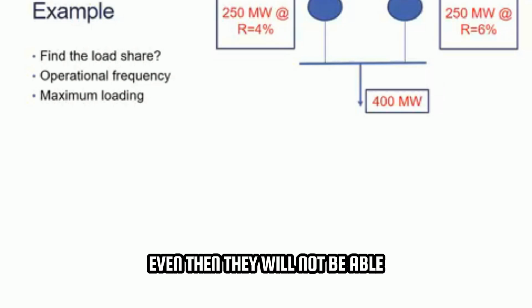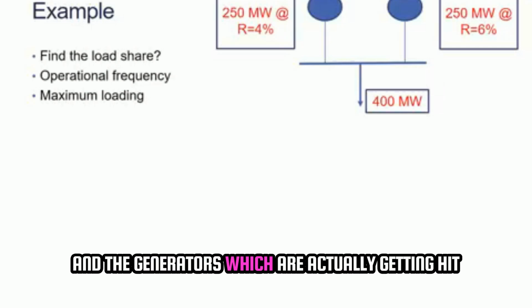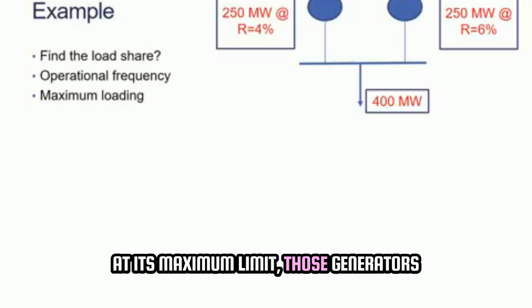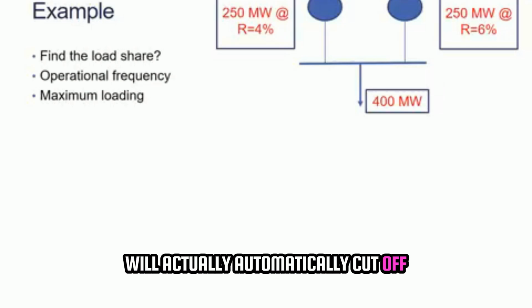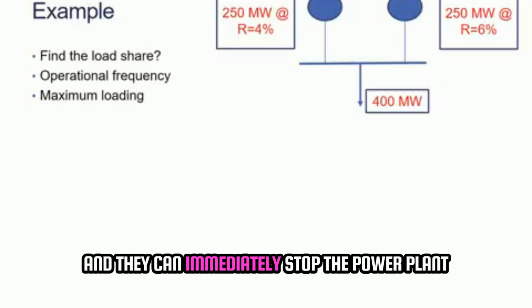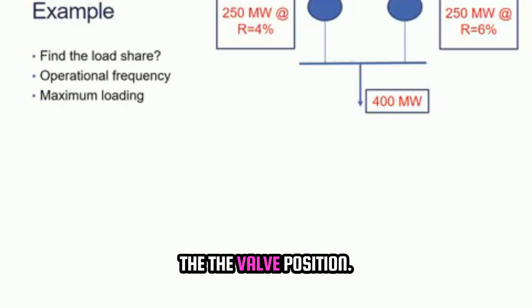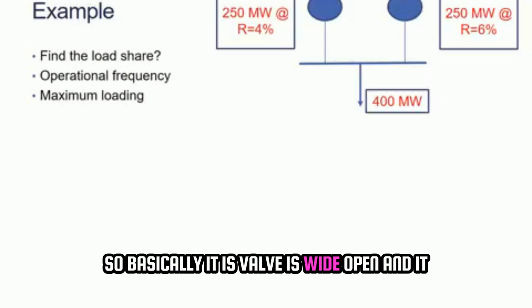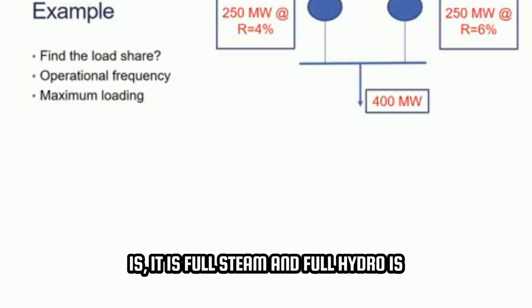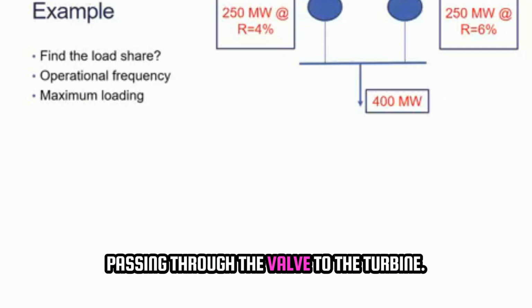The generators hitting their maximum limit automatically cut off and do not participate in R, and the governor stops changing the valve position. Basically the valve is wide open, and full steam or full hydro is passing through the valve to the turbine.